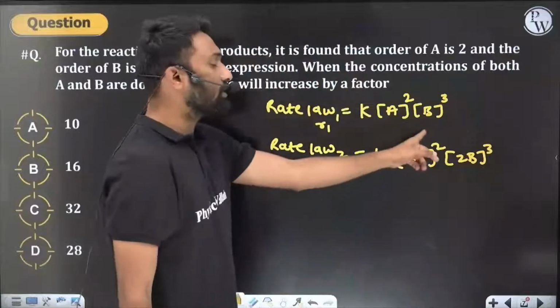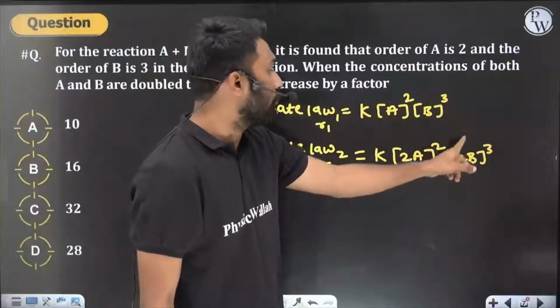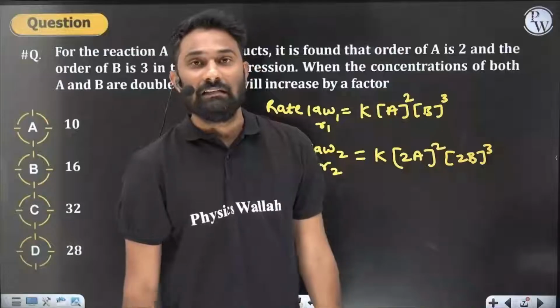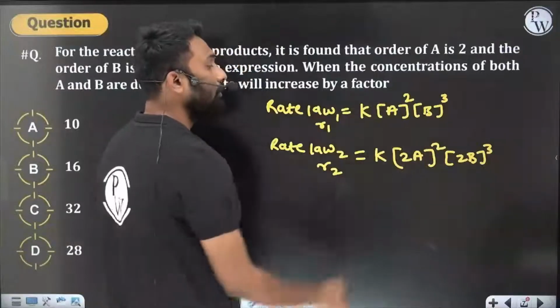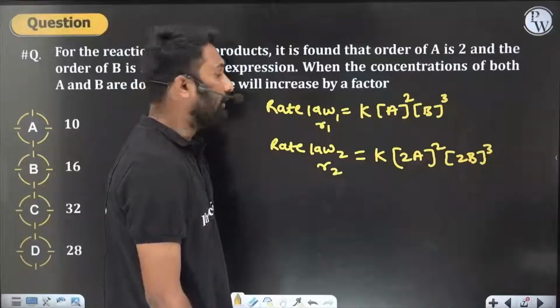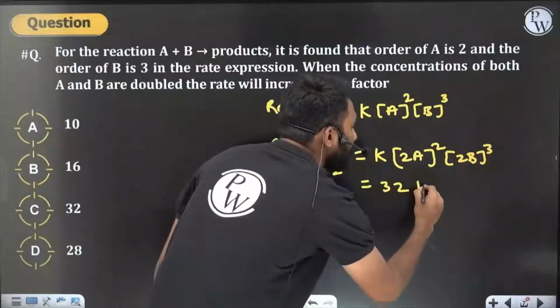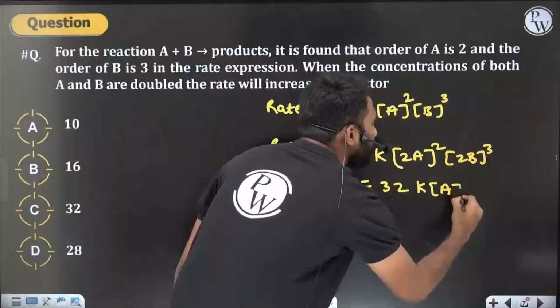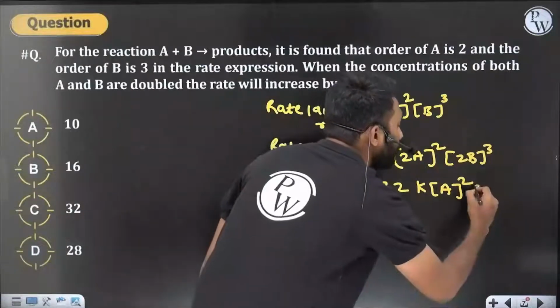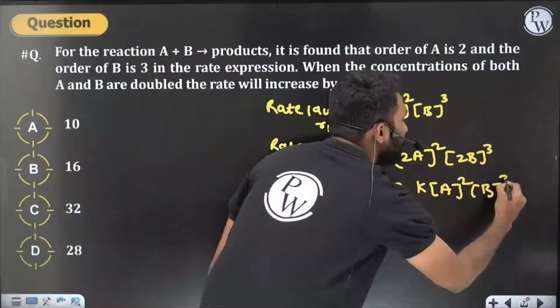Now 2 raised to the power 2 will be 4, now 2 to the power 3 will be how much? 8. Then 4 into 8, how much? It will be 32 into K. Can I write like this? Concentration of A raised to the power 2, now concentration of B raised to the power 3.